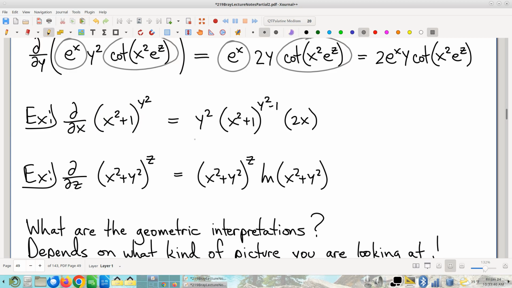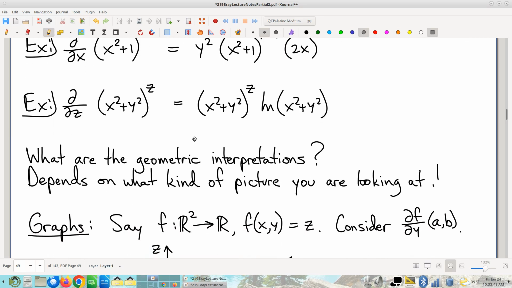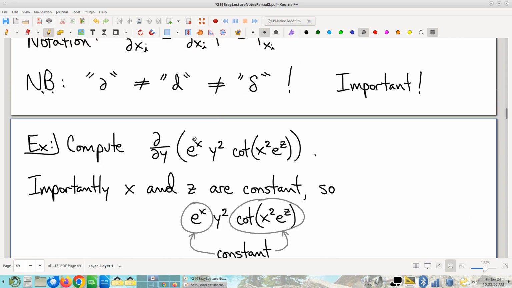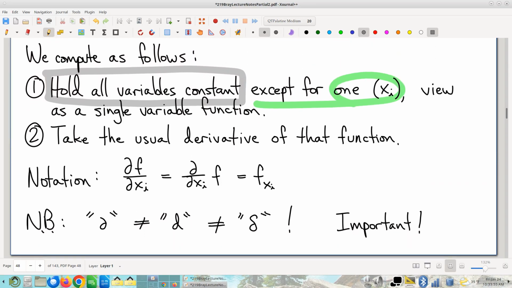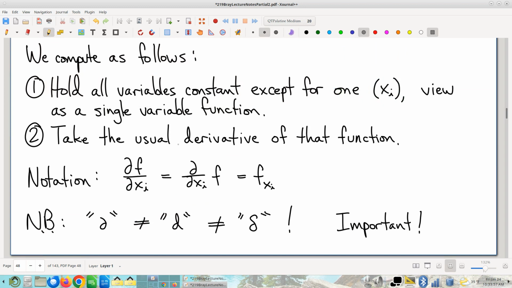So, we're going to talk now about a reasonable question. Let me go back to the definition here. I did some pretty serious making stuff up here. Right?